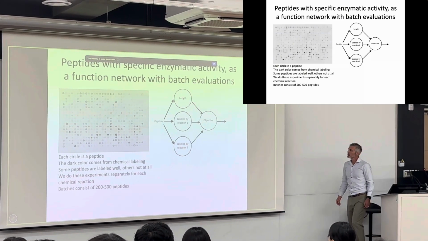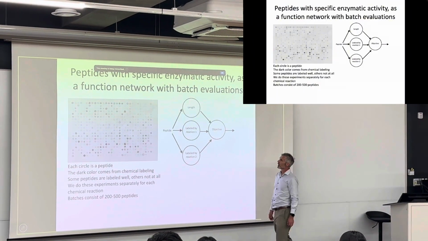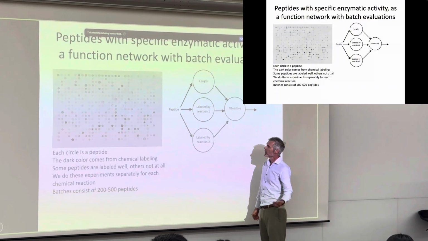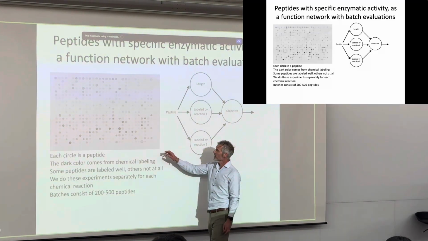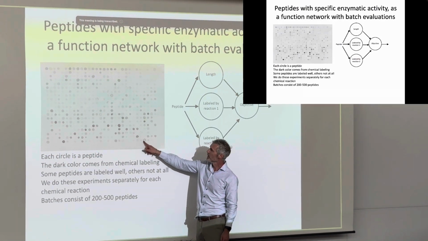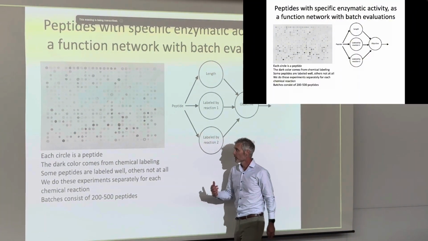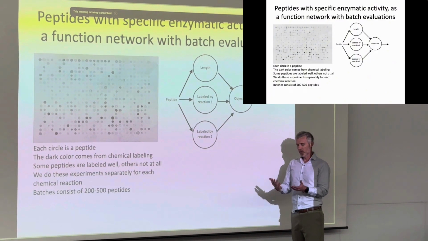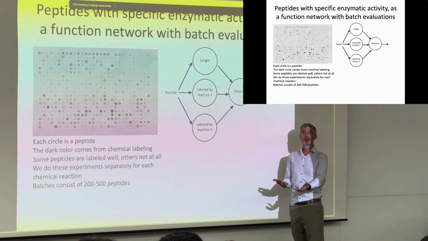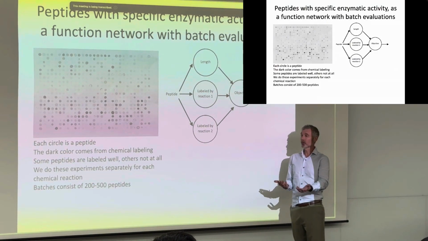This is a picture of the experimental readout. They have a membrane, basically a piece of paper, and to the membrane they use a peptide synthesizer to lay down peptide in a circular spot. And then they pick one of the enzymes that they're interested in using to attach a label to the peptide.